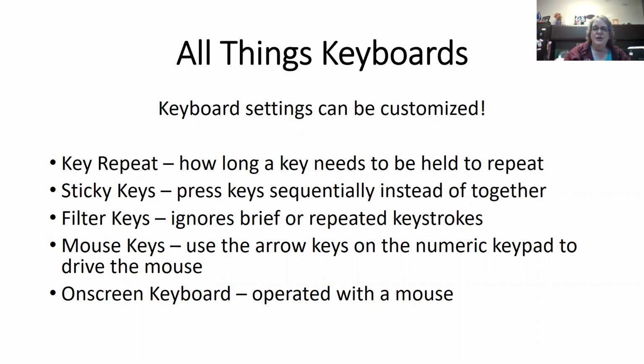You can use the arrow keys on the number keypad of your computer keyboard to act as a mouse. And there is an on-screen keyboard built into every single device. We're used to seeing them on our mobile devices, but it is present on our computer as well. And that's really handy for people who maybe can use a mouse, but can't use a keyboard.